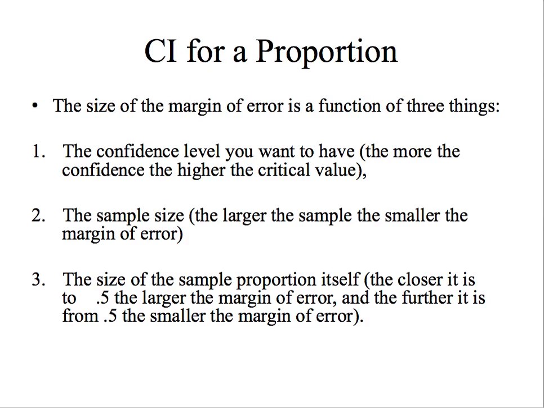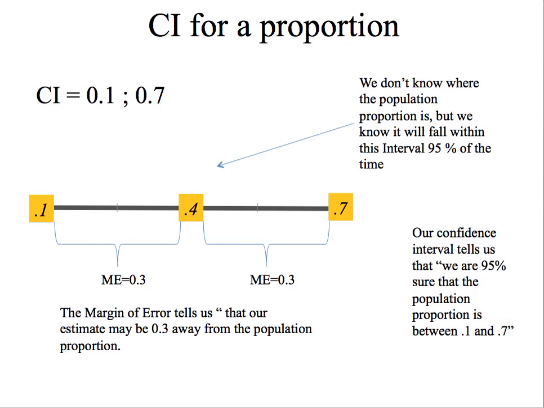Now, you can reduce the sampling error. You can reduce the size of the sampling error. Right now, if you really take a look at it, this is pretty wide, right? We can say, well, we're 95% sure that between 10% of the students and 70% of the students in the population are orange.